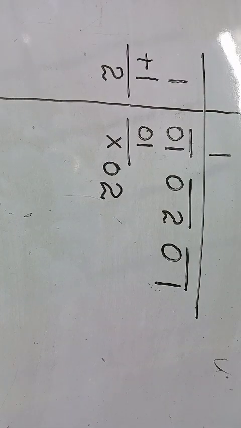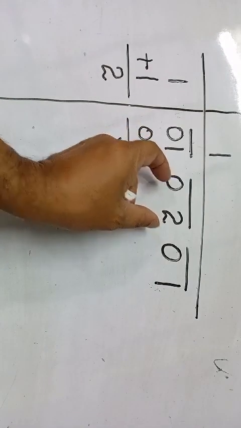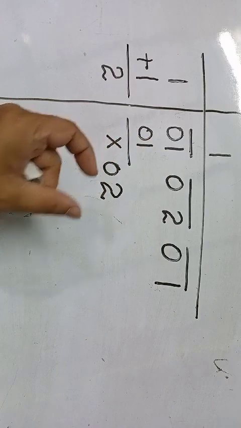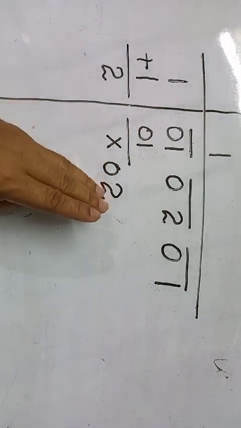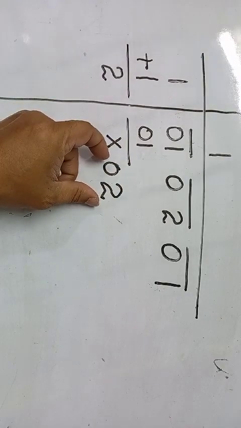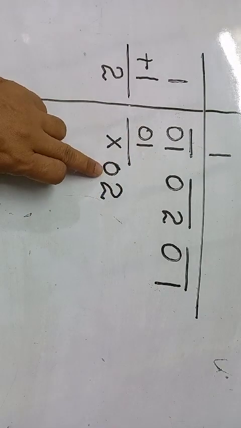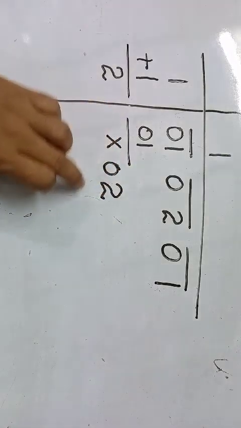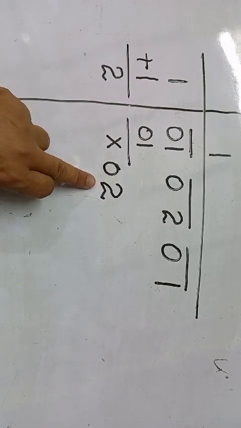Okay, now you have to be very careful here, children. When you have brought this pair down, this pair itself has digits 0 and 2. 0 is coming before 2. So if you look at the value of this pair, it is only 2. Okay, the 0 is not having much significance here when we talk about these two digits. So the value of this pair here is 2. Okay, that is the idea.